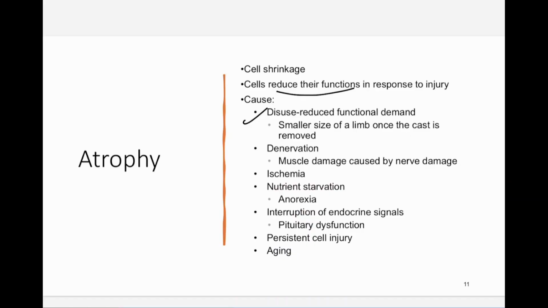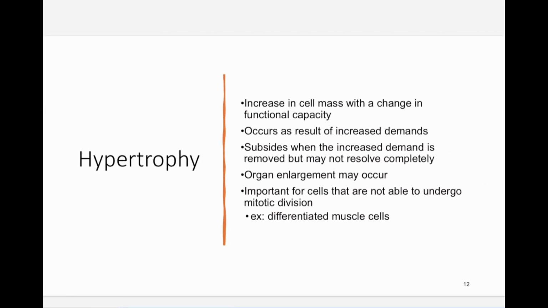Ischemia, just lack of oxygen, is not going to let the muscle grow, you need blood supply. Nutrient starvation, so anorexia, not eating enough, will cause muscle wasting and atrophy of your muscles. Endocrine issues, persistent cell injury, and aging will also result in atrophy as well.